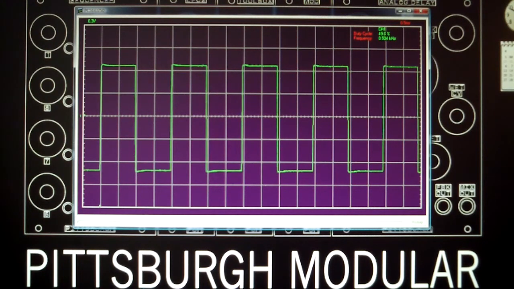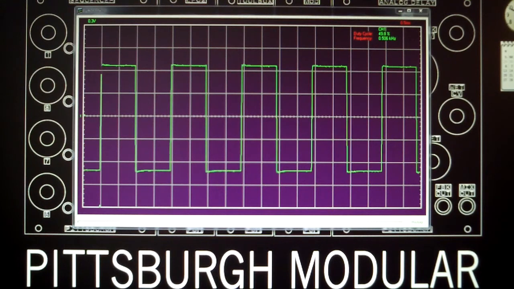Again, this is a 500 hertz waveform. It has a 50% duty cycle, which means half of the time it's positive and half of the time it's negative.